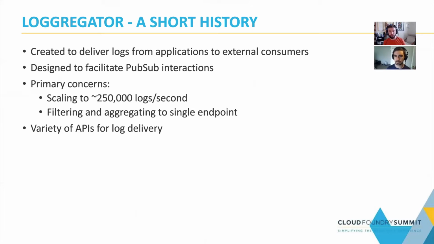Over the years, we've introduced several APIs. The first one being the vanilla V1 firehose. This gives you all of the logs and metrics, or just all of the metrics. So the filtering there is pretty coarse-grained. Then we introduced a V2 API, and that gives you some more fine-grained filtering capabilities.